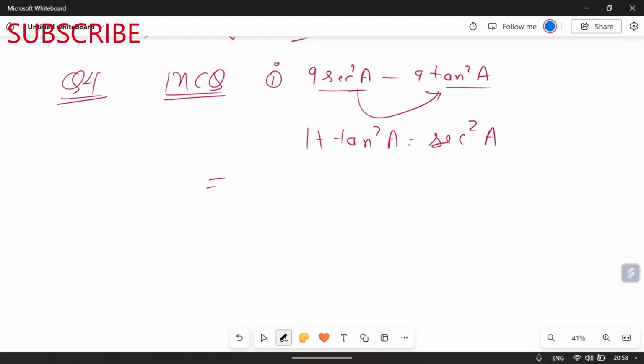Now apply this formula into one only, not in both. Otherwise sec will convert into tan and tan will convert into sec, and that's not helpful. So what we need to do: 9 times 1 plus tan square a minus 9 tan square a.